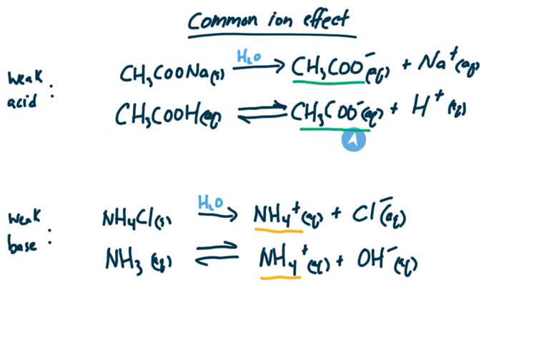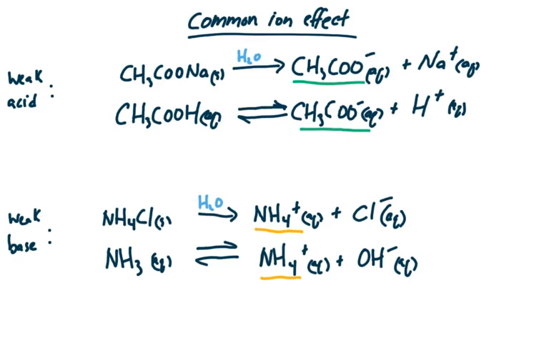Now look at the products of these two reactions. Here we've got the dissolving of the strong electrolyte, sodium acetate, and we get acetate as an ion produced. Well, look at the ionization of acetic acid. We also get acetate as a product here, the acetate ion.